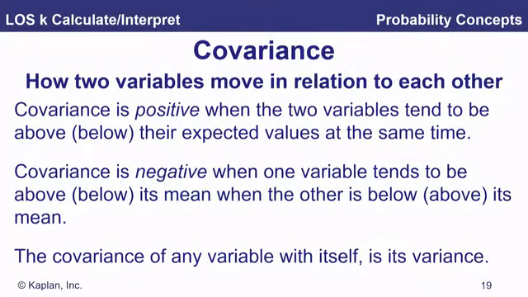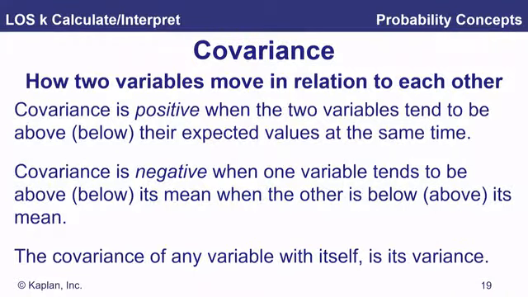If both variables tend to be above their means in the same periods and below their means in the same periods, then we've got a positive covariance, meaning they tend to move together. If we were talking about Exxon and British Petroleum, since a lot of the factors that drive the values of their stocks and expectations about their future earnings are the same, they're going to tend to move together. We would expect to see positive covariance.